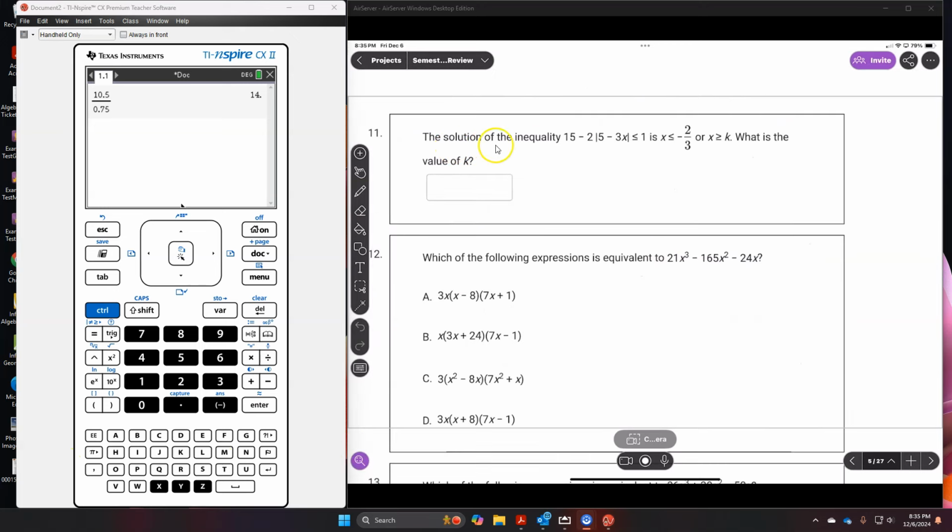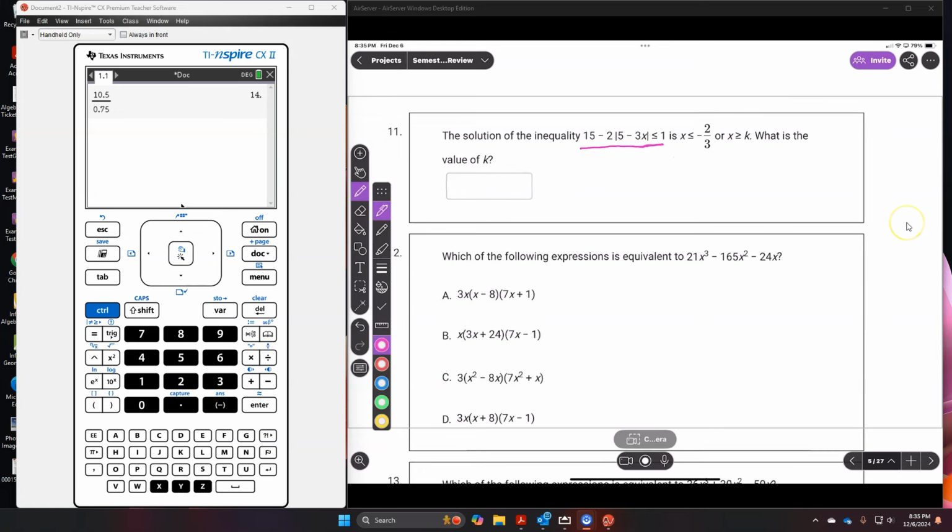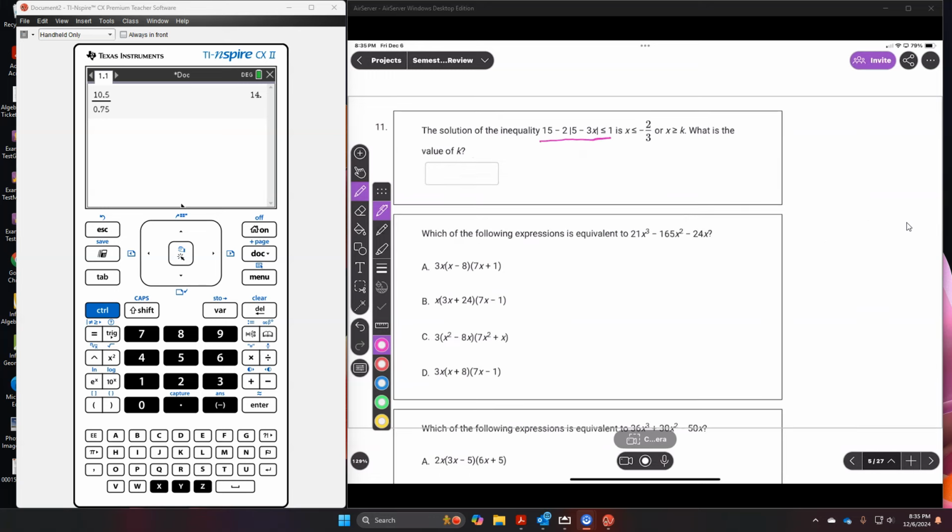The solution of the inequality is 15 minus 2, absolute value of 5 minus 3x is less than or equal to 1. So just focus your attention on this here, and let's solve that first, and then we'll continue reading, okay? So we have 15 minus 2, absolute value of 5 minus 3x is less than or equal to 1.